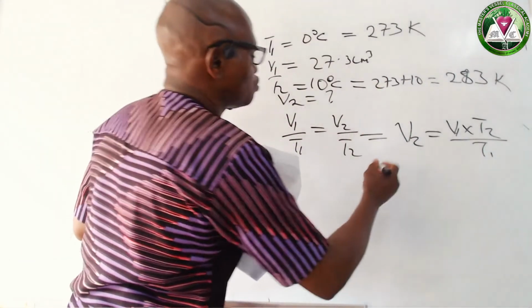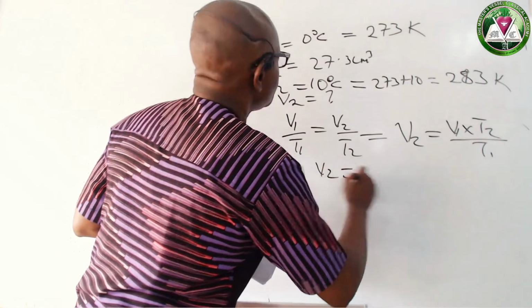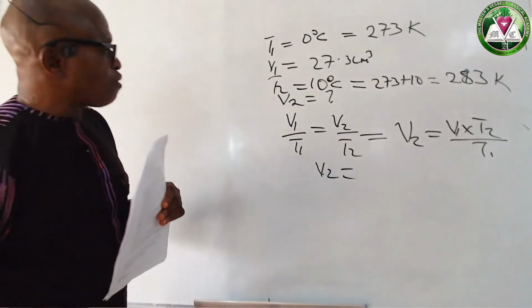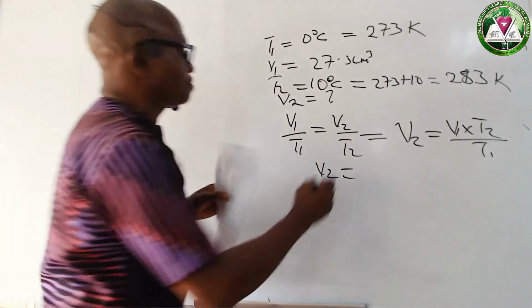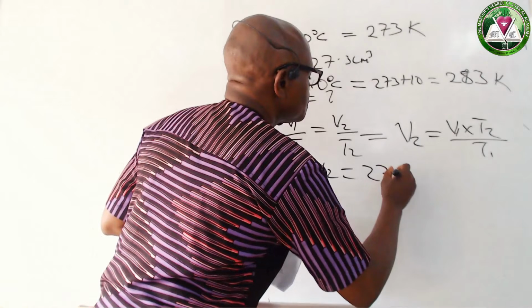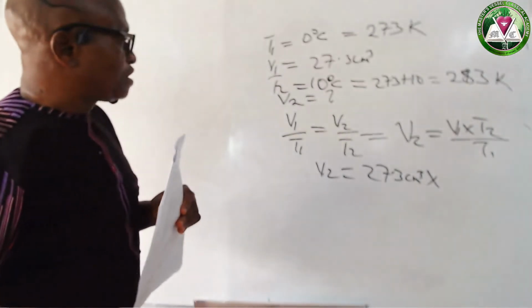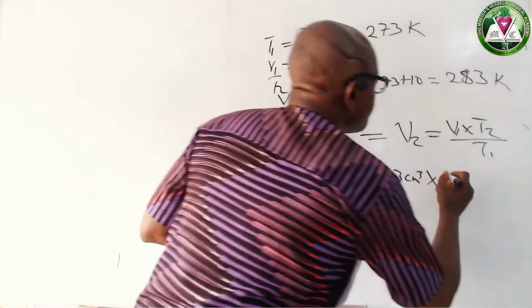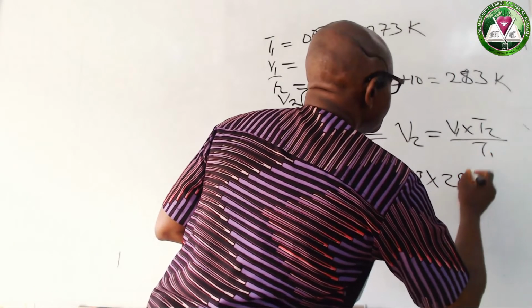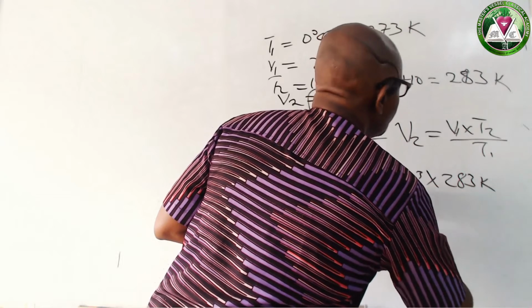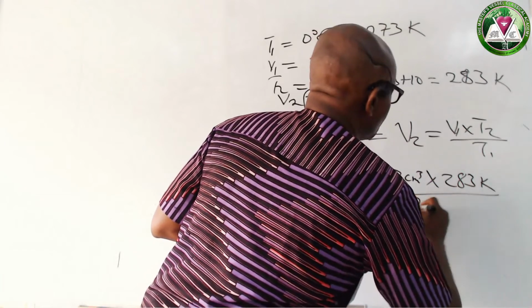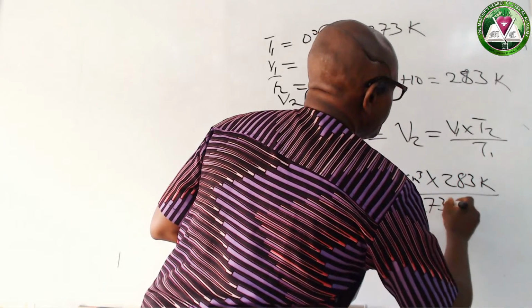We'll now substitute. We have V2 is equal to our V1 here, which is 27.3 cm cube, multiplied by our T2 here, which is 283 Kelvin, divided by T1, which is 273 Kelvin.